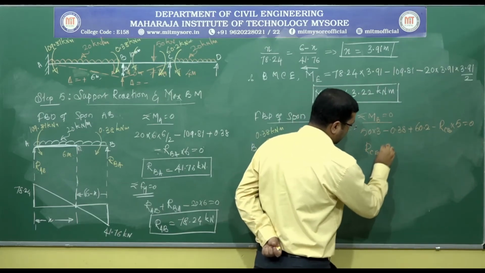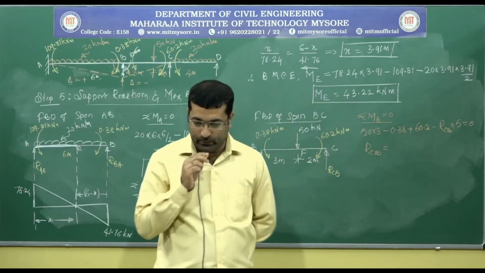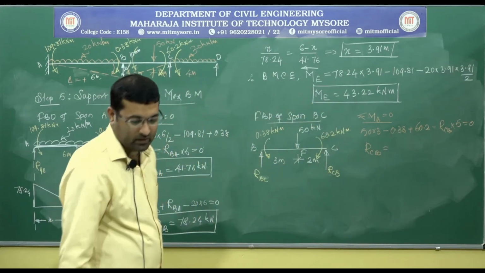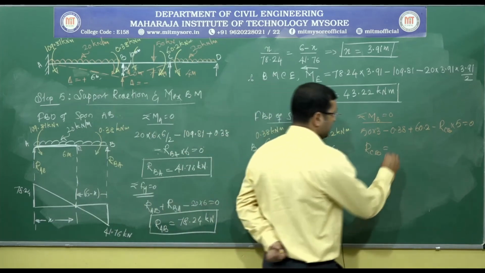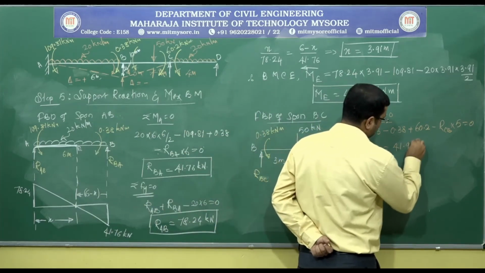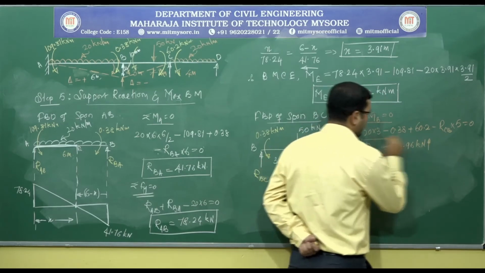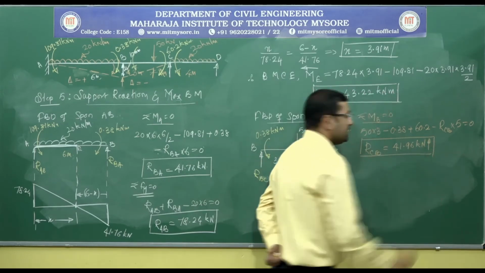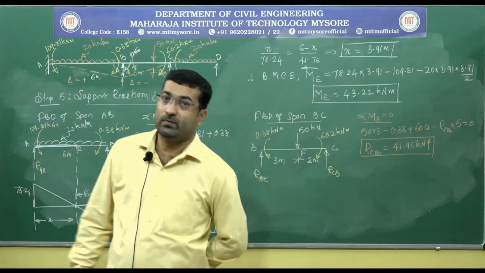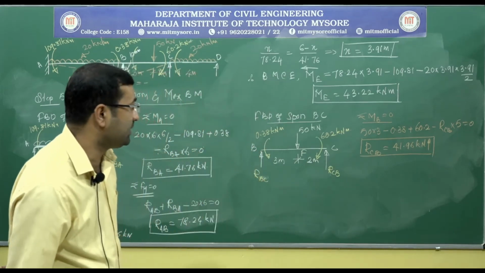From here we will get RCB as 41.96 kilonewtons acting vertically upwards. So we have got one support reaction, that is RCB.